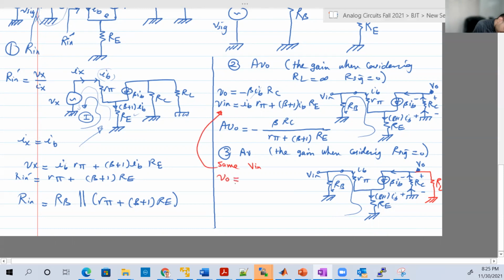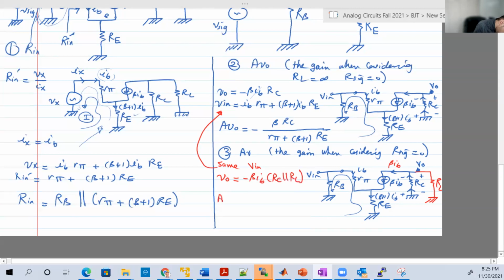But VO is different now. VO is the voltage across RL or RC, or the parallel combination, because we don't know the current in RL or the current in RC, but we know the total current that flows in the parallel combination of both, which is beta IB here. So it's minus beta IB RC parallel RL.